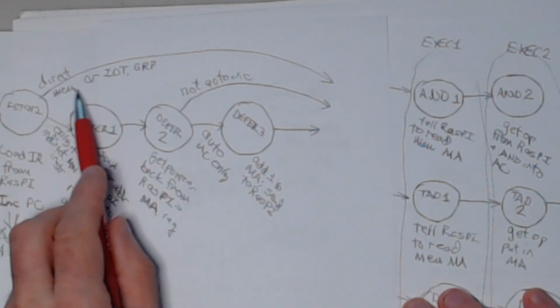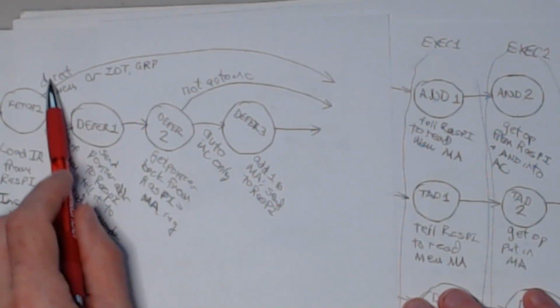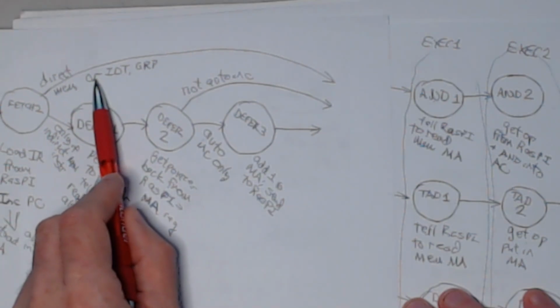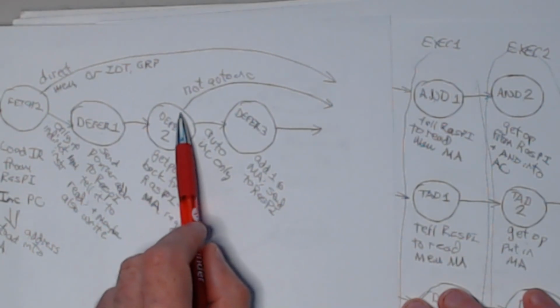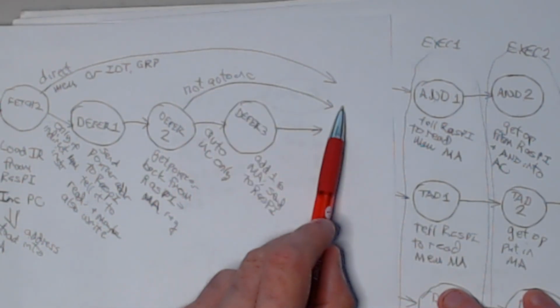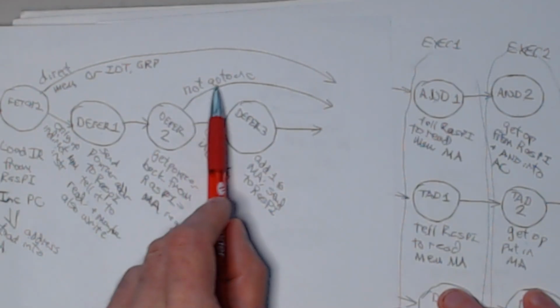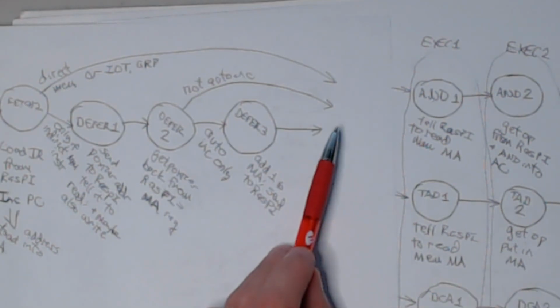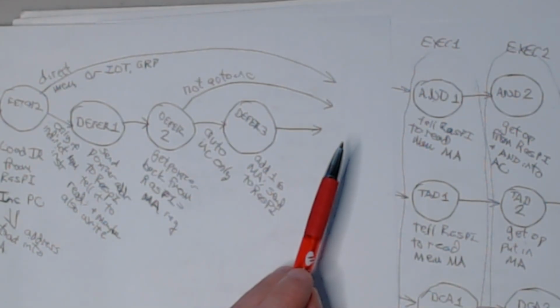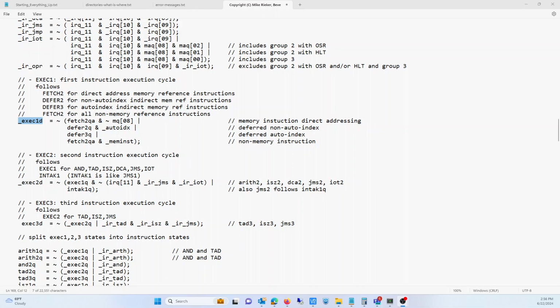And actually this is 2 paths sort of overlapped. It's a direct memory instruction, or it's one of these IOT or group instructions. And this path is if it was a deferred but without auto increment, and then always from defer 3. So let's go back to the little source file here.